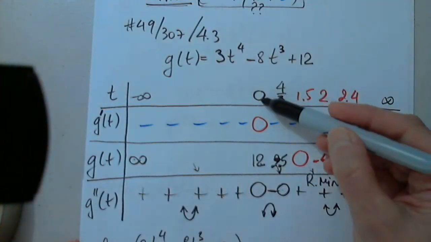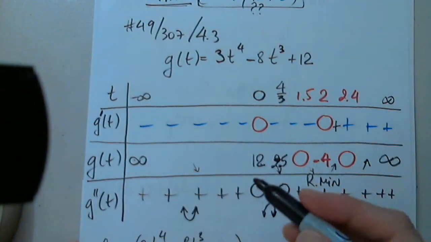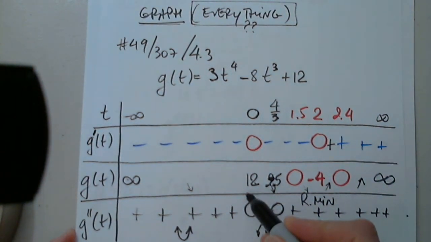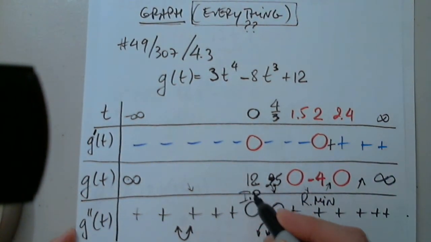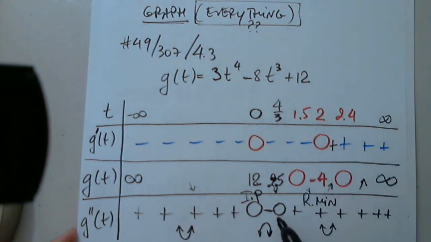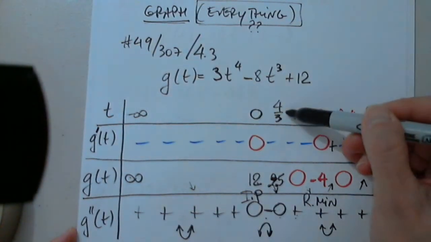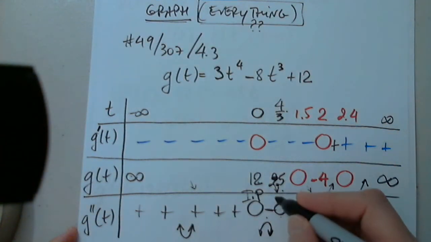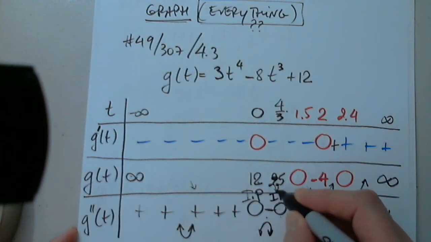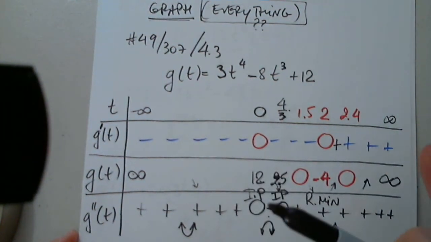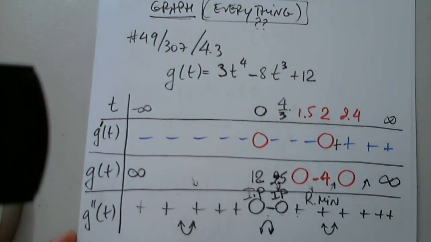What kind of point is 0, 12? Inflection point. Excellent. At the point 4/3, 2.5, the second derivative changes sign from negative to positive. What kind of point is 4/3, 2.5? Inflection point.